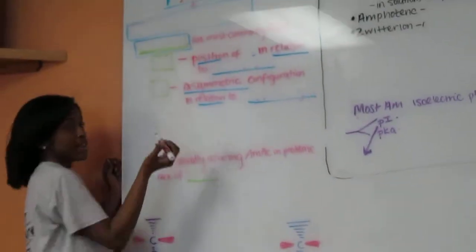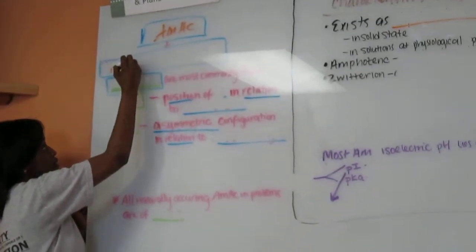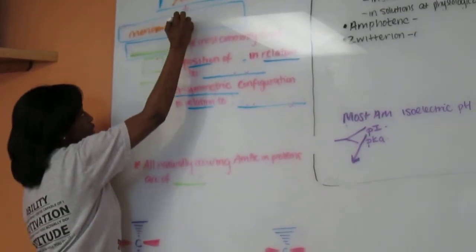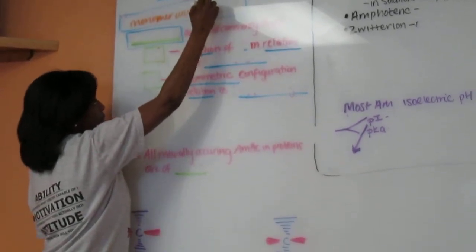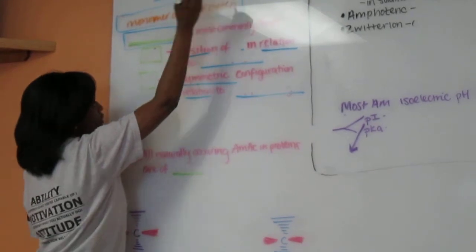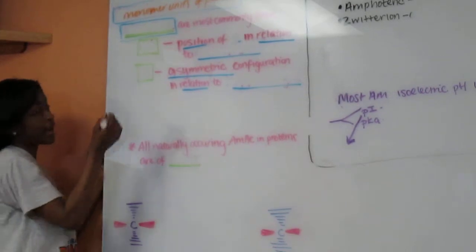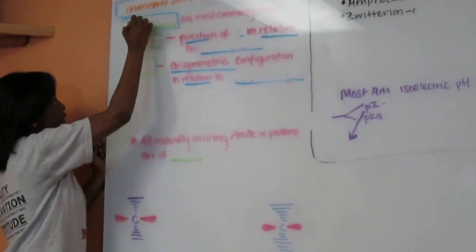Next, I will discuss amino acids. Amino acids are monomer units of proteins. The most commonly found amino acid is alpha L amino acid.